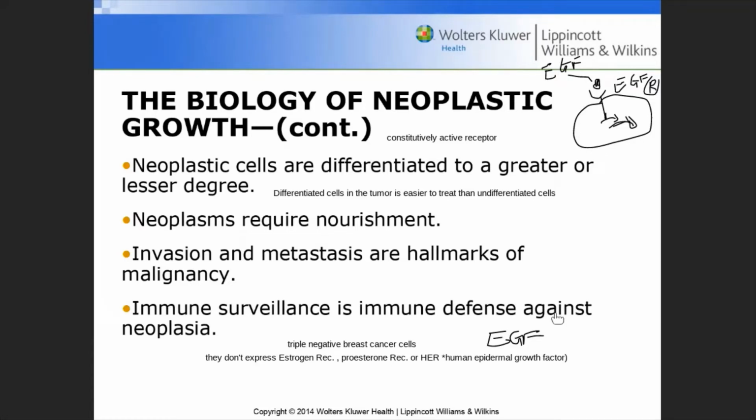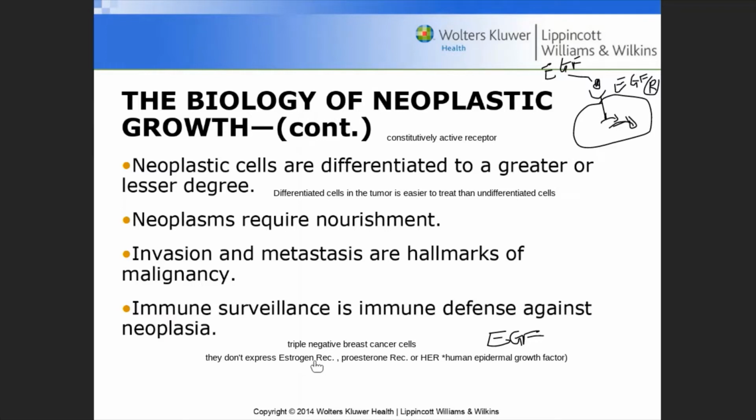The cancer may not have this, or not have estrogen receptor or progesterone receptor. If they don't, then we can say they're not differentiated, because one of the characteristics of breast cancer, if they differentiated, they would produce estrogen receptor.